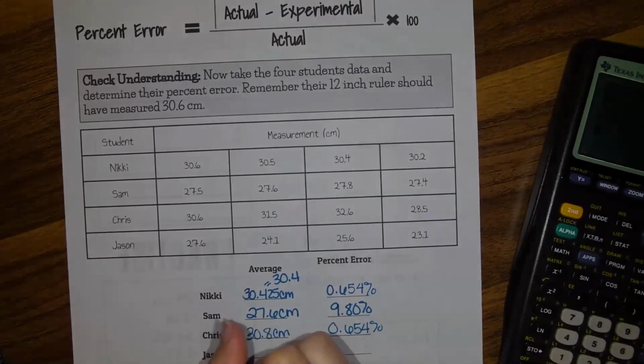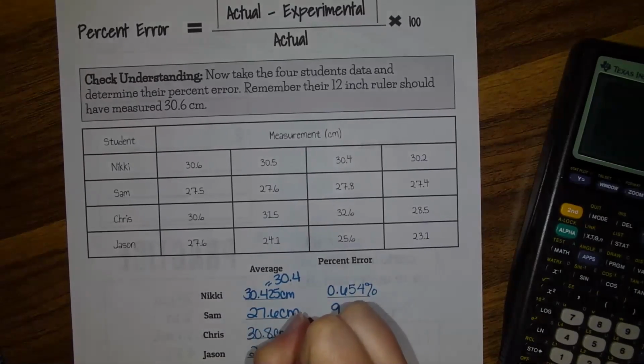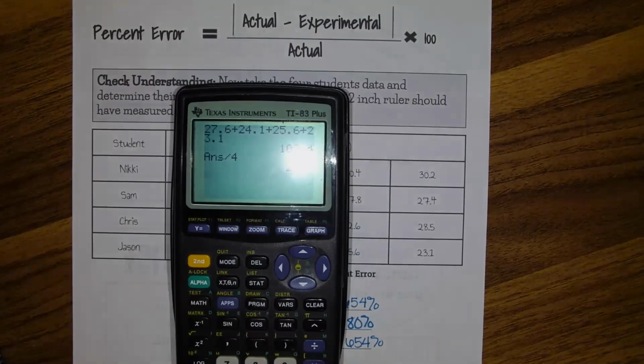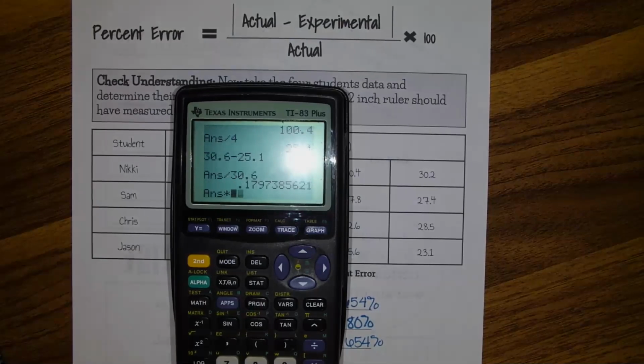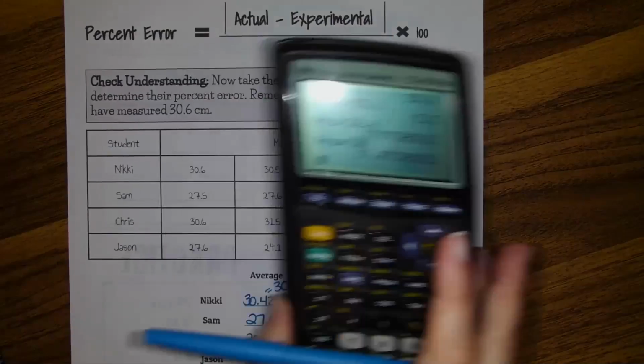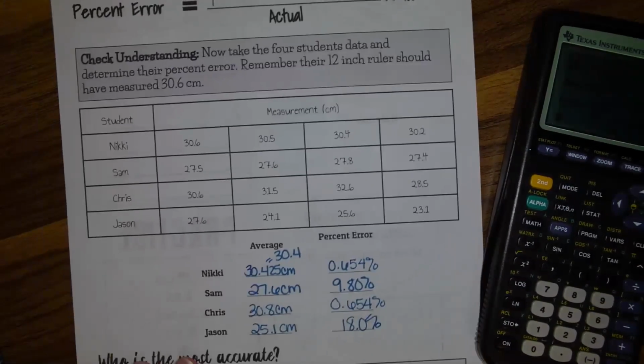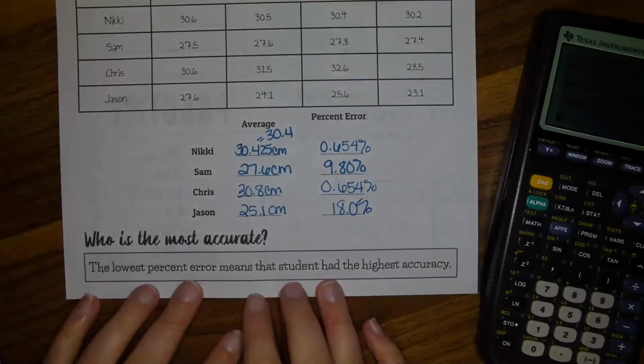So we get 25.1 centimeters. So we're going to take 30.6 minus 25.1, all divided by 30.6, and then multiply that by 100. So we should get 18.0% error.